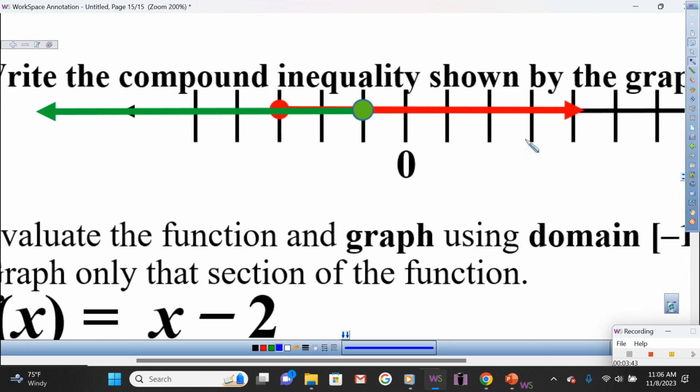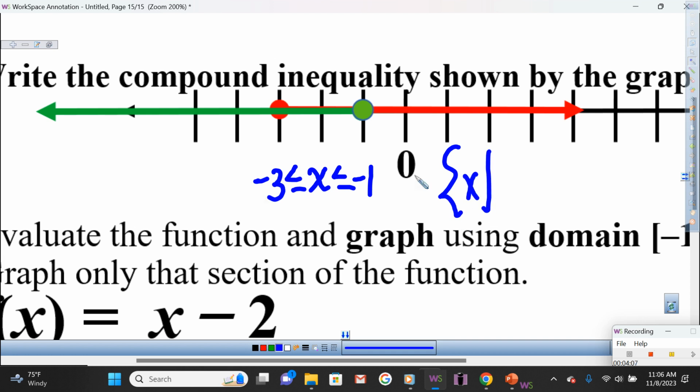Where do I start? Hands if you got that. That is correct. In set notation, solution set of x such that -3 less than or equal to x less than or equal to -1.